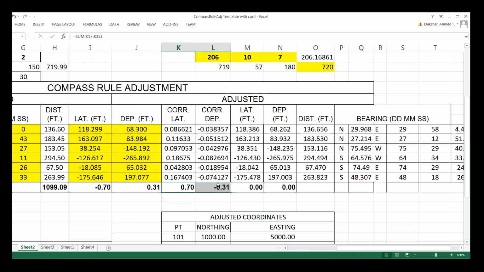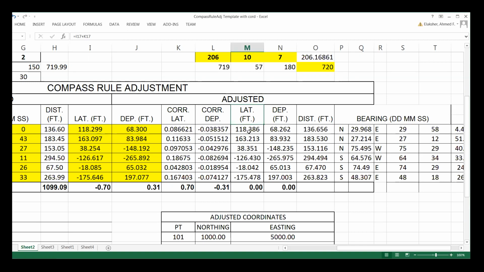So that's why you see these switch. The negative 0.7 is now positive 0.7, and the positive 0.3 is now negative 0.3. What we do now is we add the corrections as they are with the sign to the latitudes and departures, and that's why we change the sign.